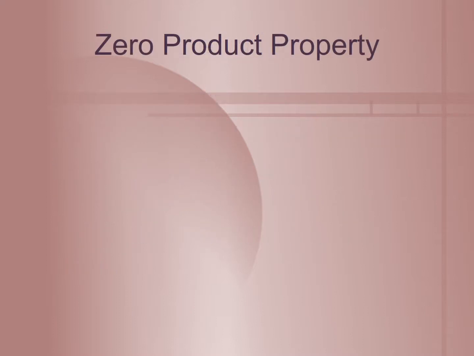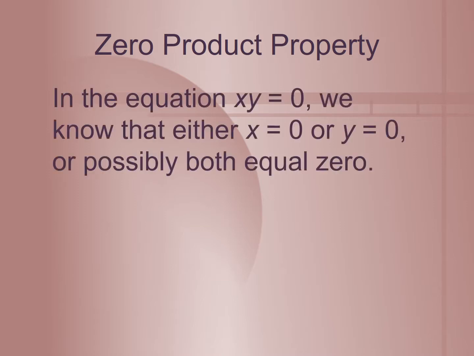A very important property that we need to know in order to solve quadratic equations by factoring is the zero product property. What that says is if you have an equation where you have two factors, x and y, and they're equal to 0, then that means either x has to be 0 or y has to be 0.